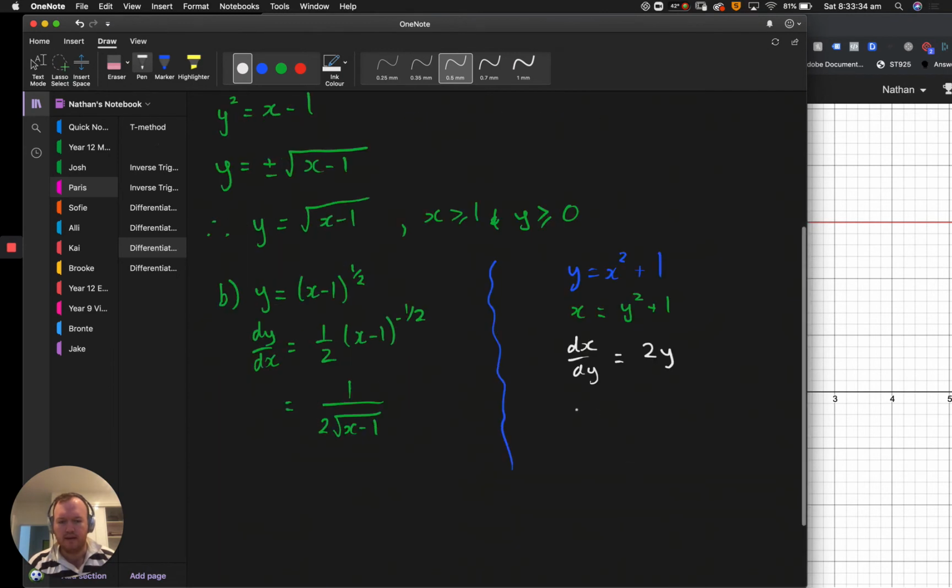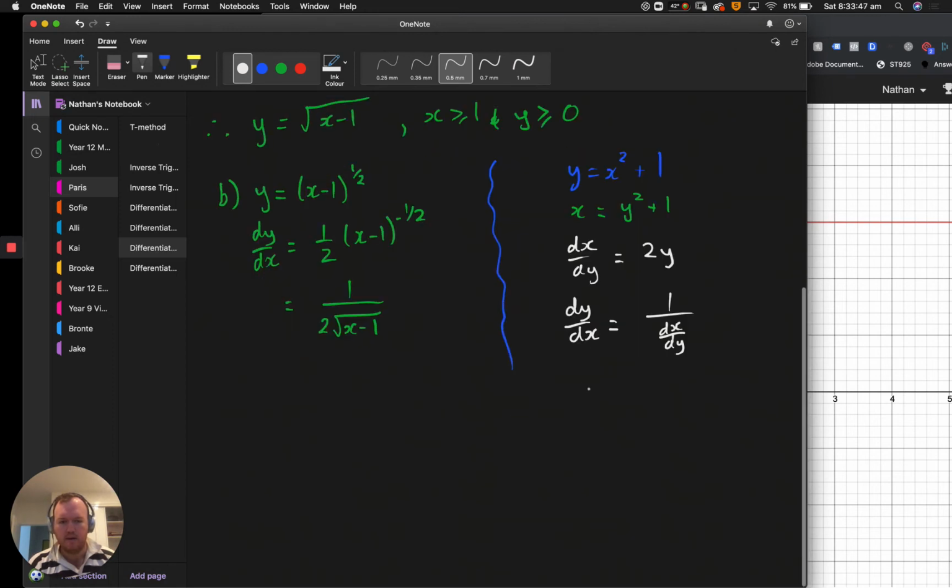So that means that the derivative of the inverse, dy dx, is going to be 1 over dx dy. So another expression for the derivative of the inverse is going to be 1 over 2y.